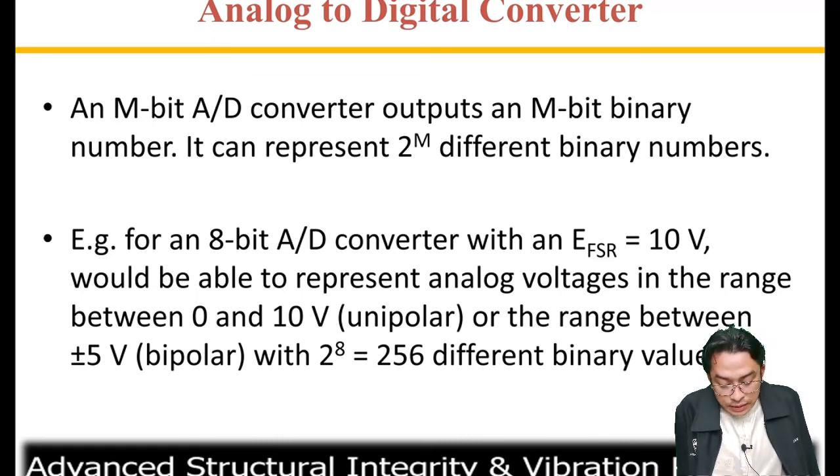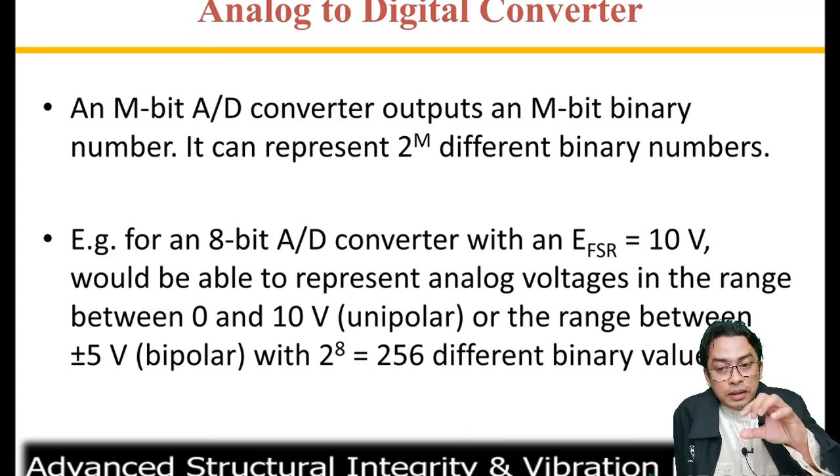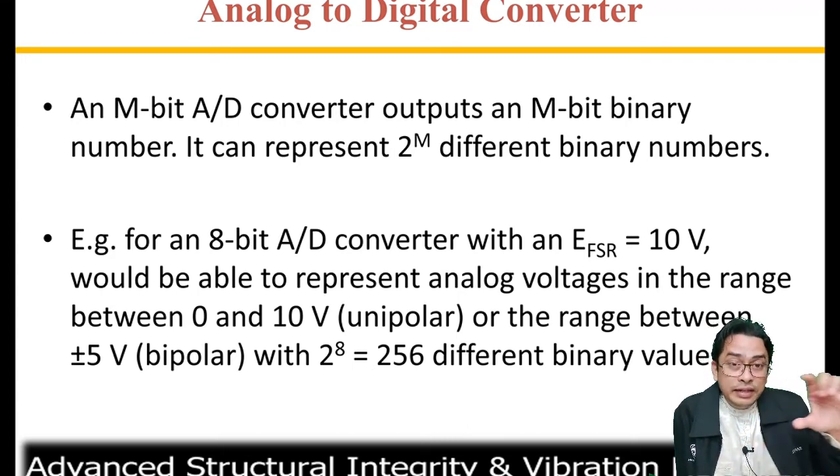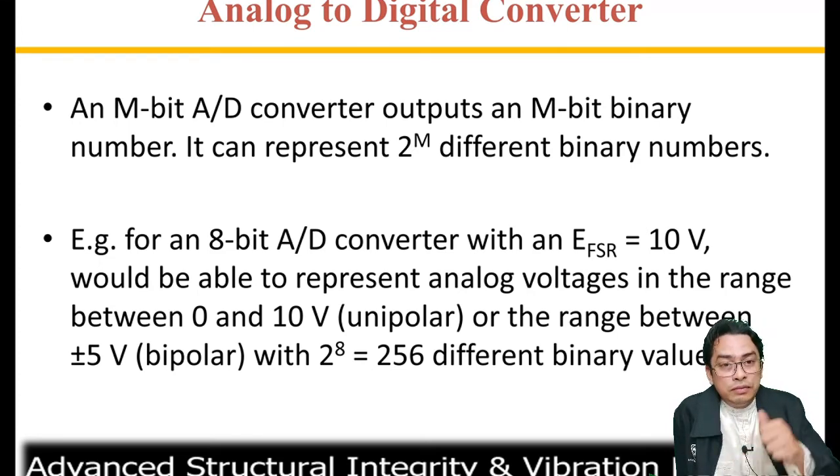Imagine if we use a converter with more bits, for example 16-bit. 2 to the power of 16 gives us 65,536 binary values. So the signal will be very fine and smooth, which is very good for our measurement.